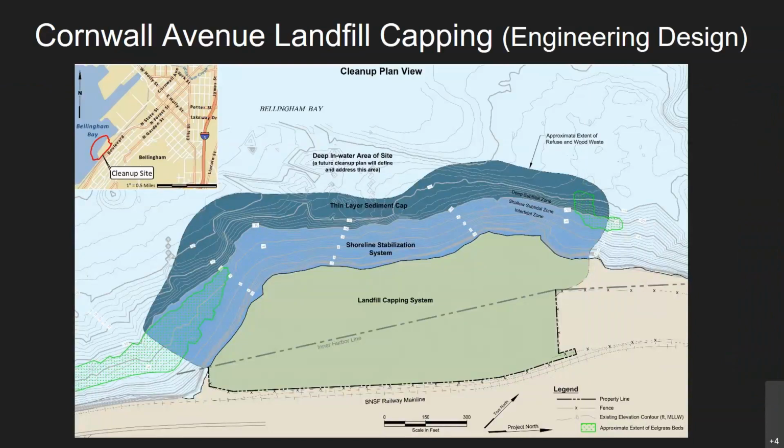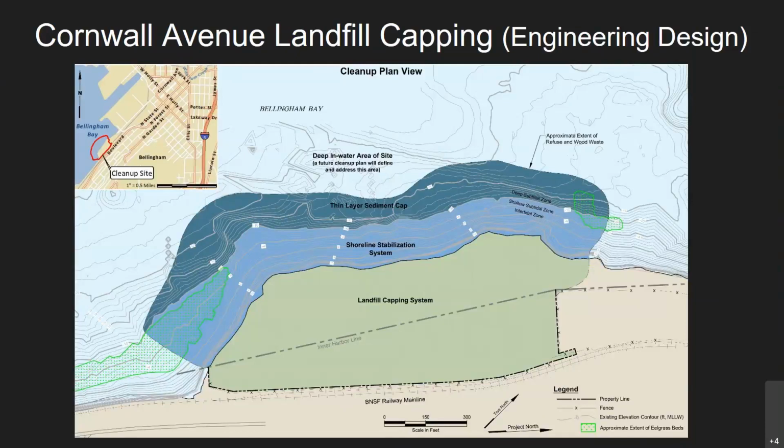So, it's a multi-layer capping system that you see here on this slide, where the upland, the dry land, where the waste was disposed of, will have a multi-layer cap, and then there's a multi-layer in-water sediment covering system as well.